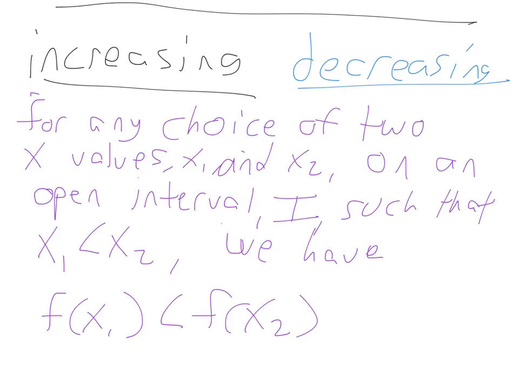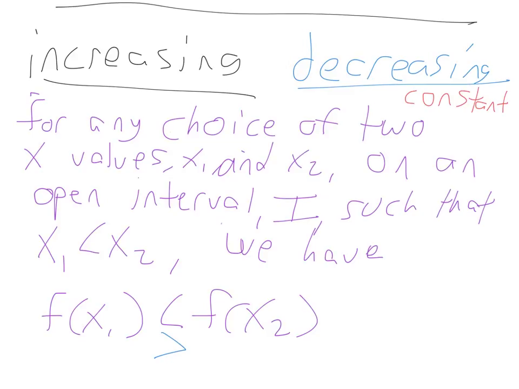And just so you know, for decreasing, in case you don't want to write that, it's the same definition. It's just that when you have two x values, x1 and x2, such that x1 is less than x2, the y value of x1 is actually greater than f of x2. I figured I'd color code it for you so you don't have to write the entire thing down again.